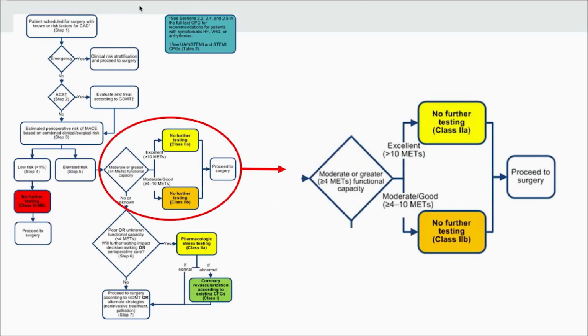And 4 METs is basically walking up a flight of steps without getting short of breath. As you can see on the right side, if a patient can in fact do that, then we have pretty good evidence that there's no further testing required and that we can proceed with surgery.